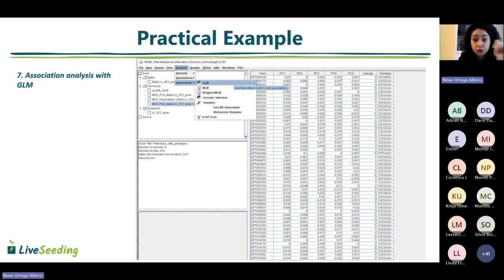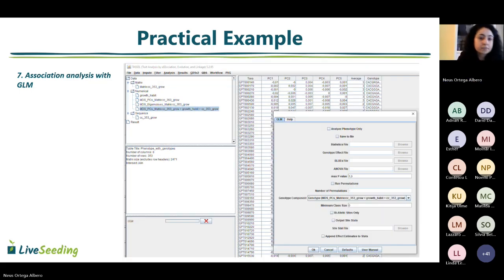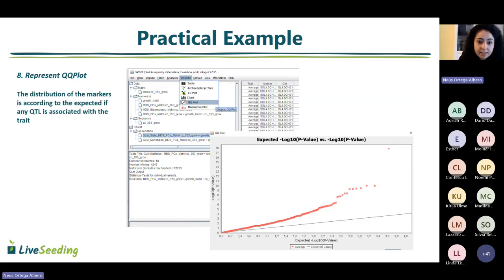We did the association analysis with the statistical method GLM, that is simply the easiest or statistically simplest one, but it takes into account the distance matrix. And this would be the QQ plot.